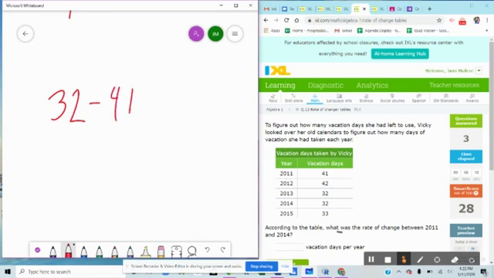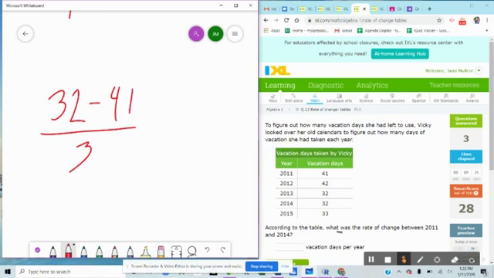Now, do notice you have to start with bigger year and then smaller year, okay? I didn't look at the bigger number. I didn't go 41 minus 32. I went bigger year and then smaller year. And then divided by how many years are between 2011 and 2014. Well, there's 1, 2, 3.